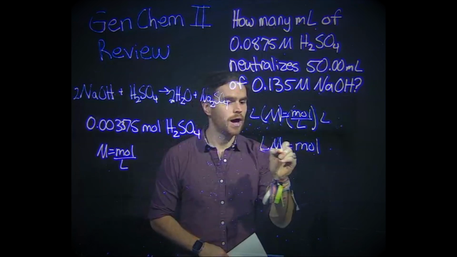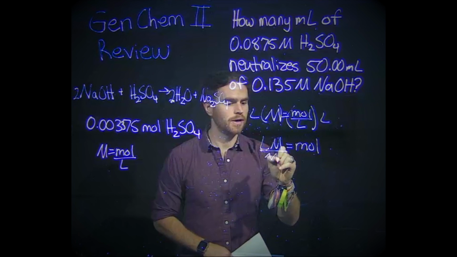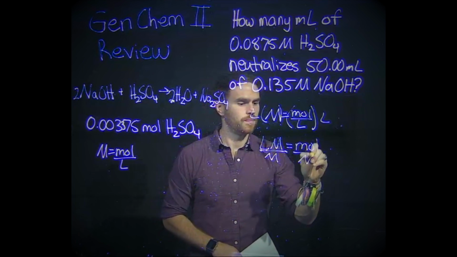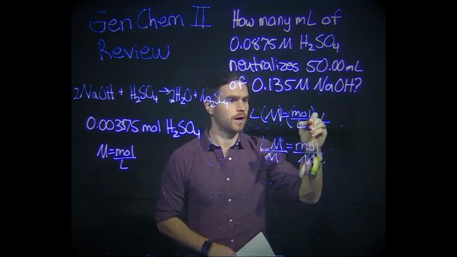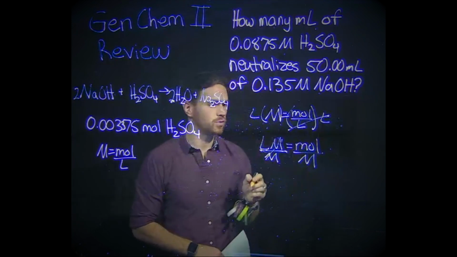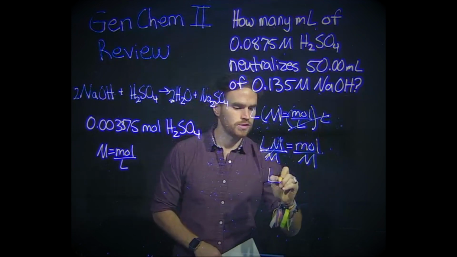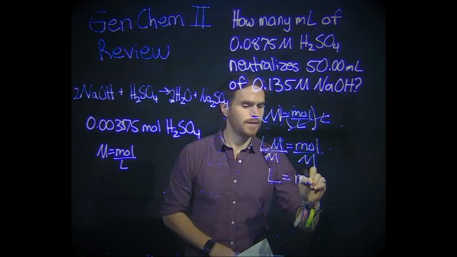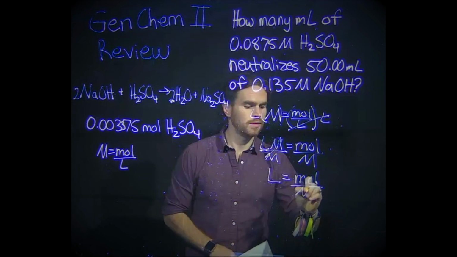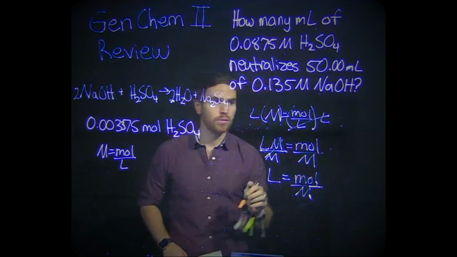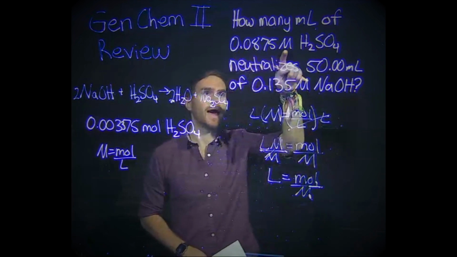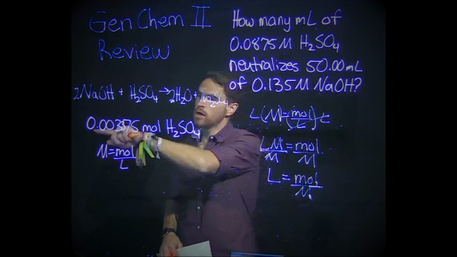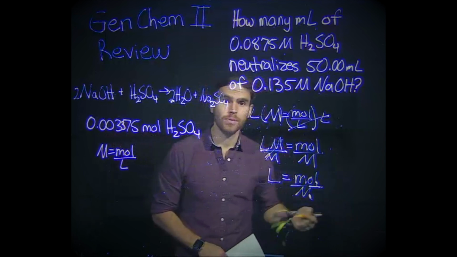Then if we divide both sides by the molarity, here they will cancel out, just as liters canceled out here, in order to isolate liters on one side of the equation as moles divided by the molarity. Now, we have all of these values. We have the molarity of H2SO4. We know how many moles that we need.